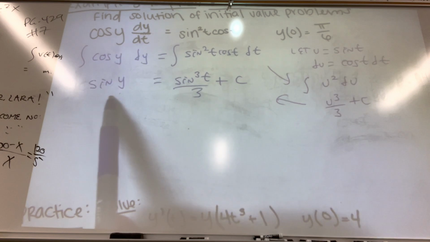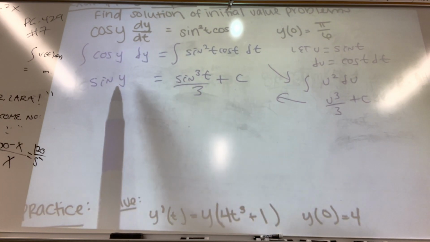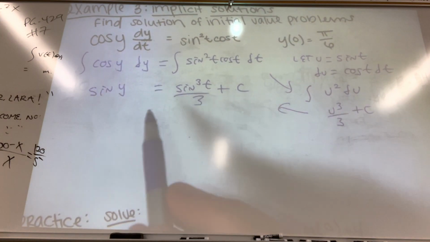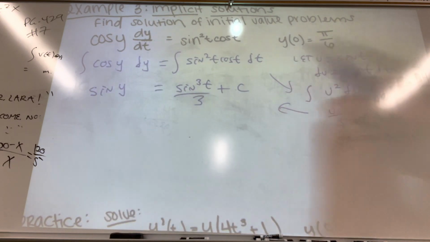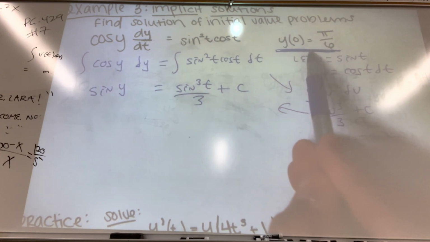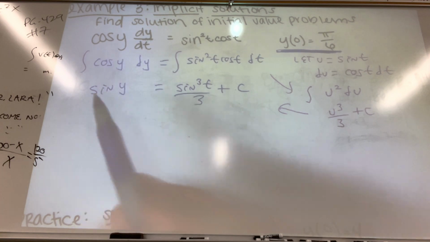At this point, though, we're a little stumped because remember, we're trying to solve for y. And what this problem is trying to teach you is the following. You don't need to wait till the end to plug in the point. You can plug in the point early on. So why don't we plug in the point now and try to solve for c? So let's do it.